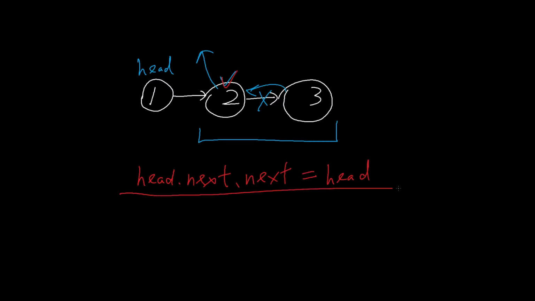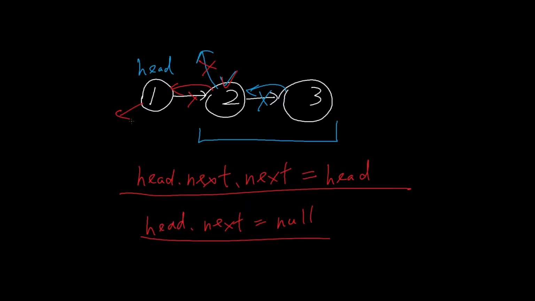And we know this head node is the last node after reversing, so we could set head.next to point to null, right? After we do it this way, we remove this link to point to null, and after that we need to return this new head, right?